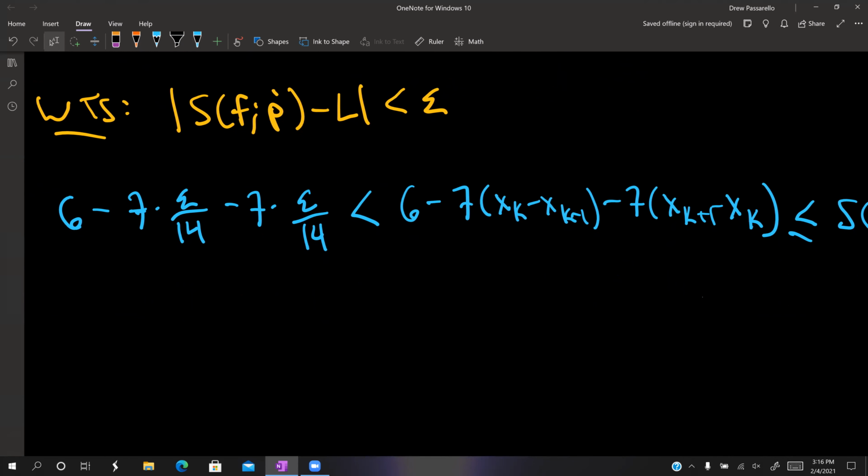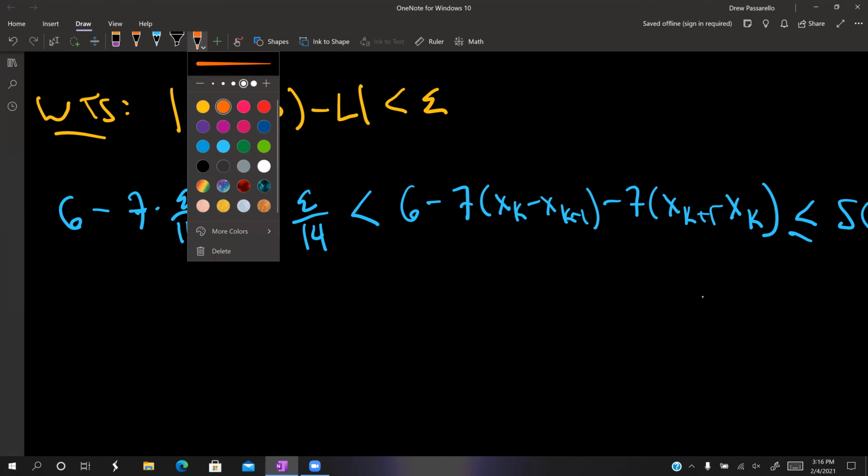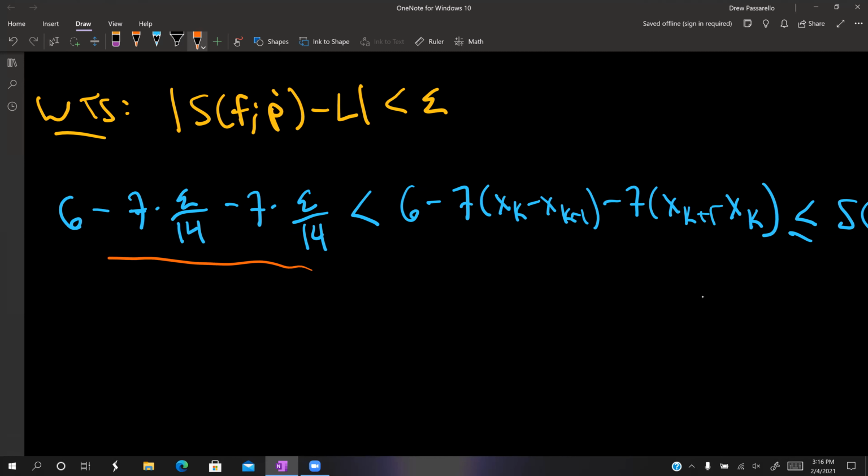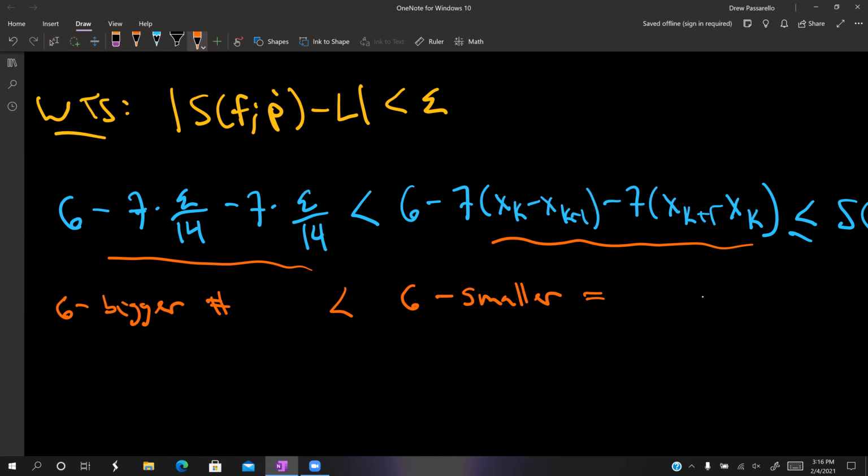So again, this portion, I'm doing 6 minus a bigger number is going to be less than 6 minus a smaller number, because each of these xk minus 1 is each of those are going to be less than epsilon over 14.